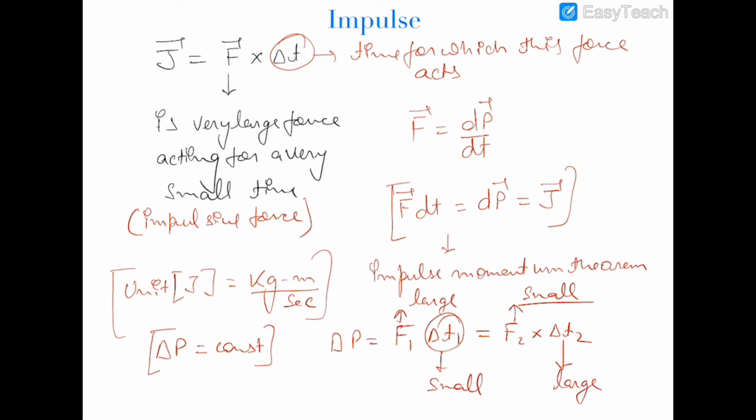Now, let us also discuss another example: in vehicles, while they move on the road, shockers are provided, because while vehicles move on the road, there are many pits and holes on the road, which make a bumpy ride.